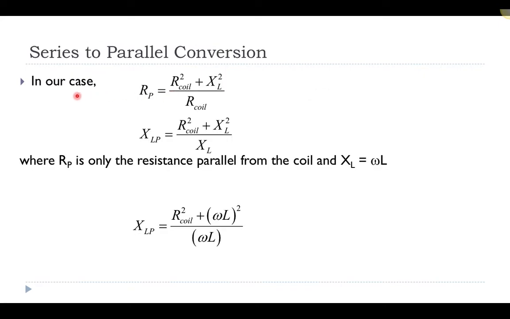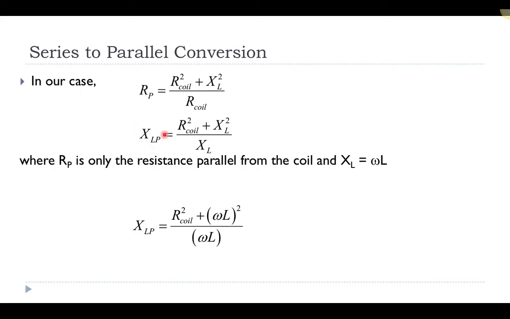When we do that, what we find is that the equivalent parallel resistance for that particular inductor depends on the resistance of the coil squared plus the reactance of the inductor squared, over the resistance of the coil.